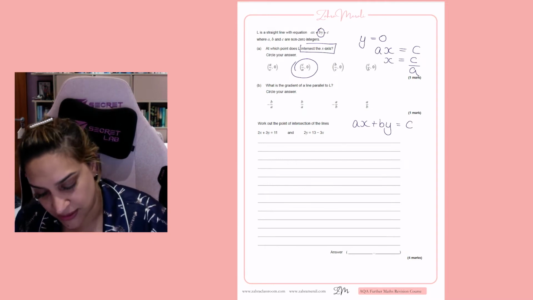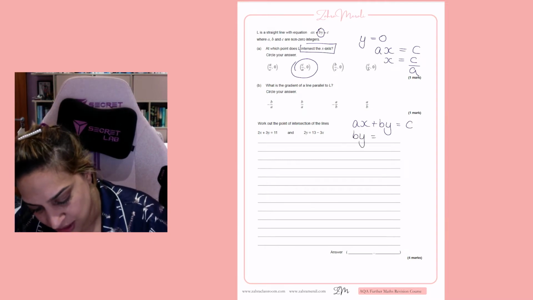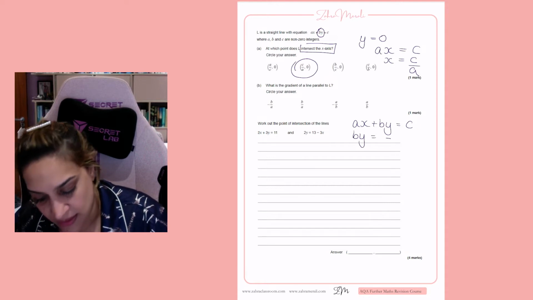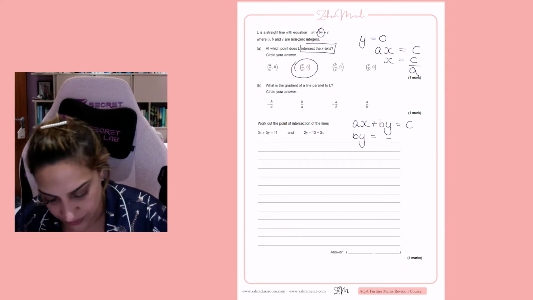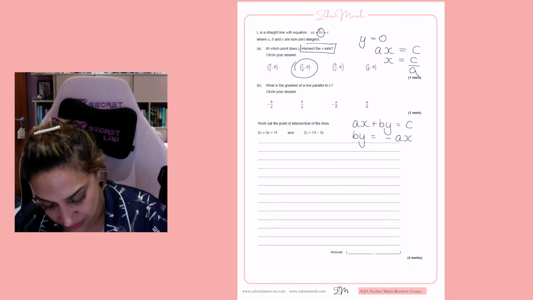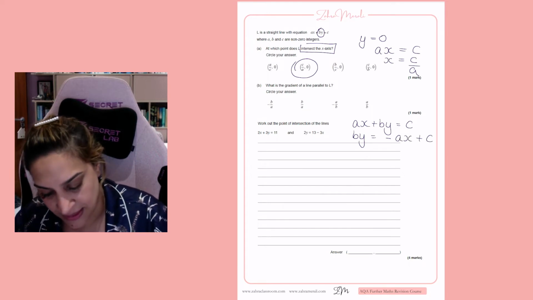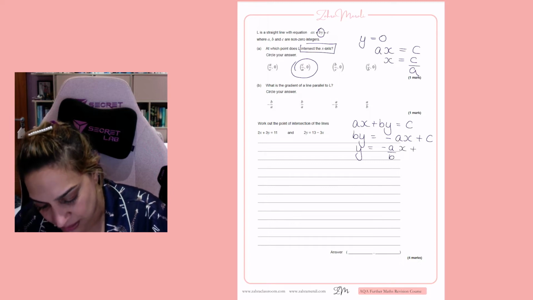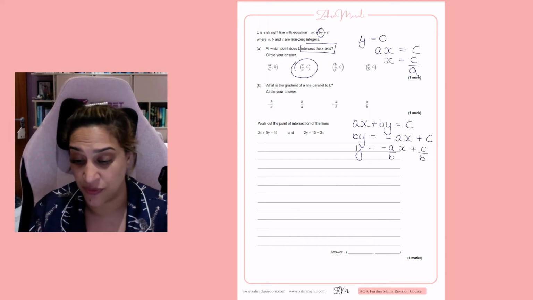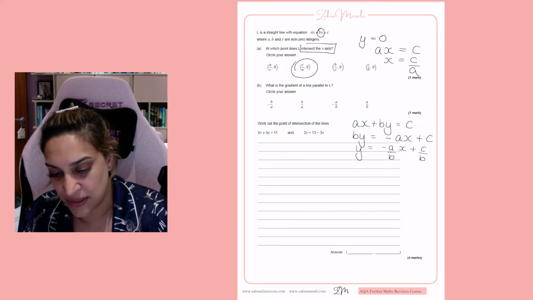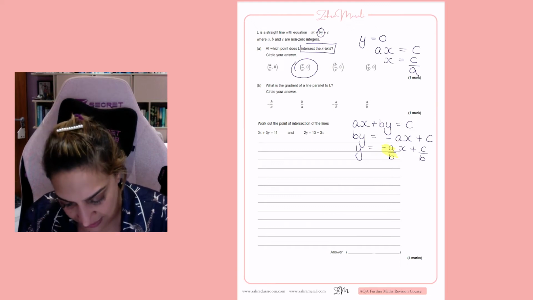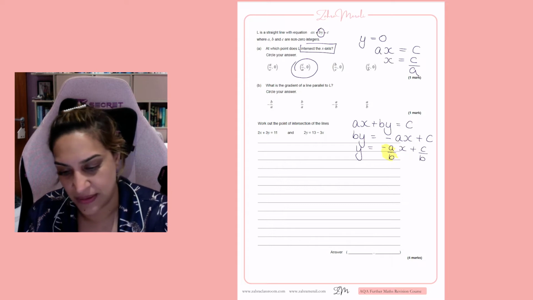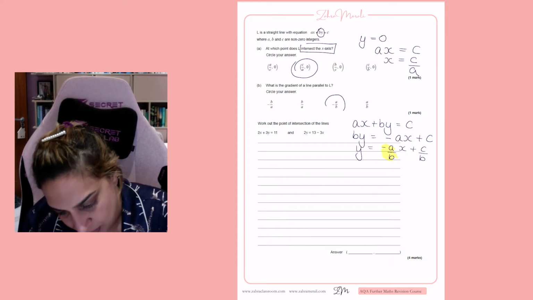So to find the gradient, I'm going to rearrange it to make y the subject of the formula. So I'm bringing the ax to the other side, becomes minus ax plus c. And now to divide by b. So putting everything over b, I can put each bit individually over b. And now hopefully you can see that this bit here is your gradient. If I compare it to the options, it's going to be that one there.